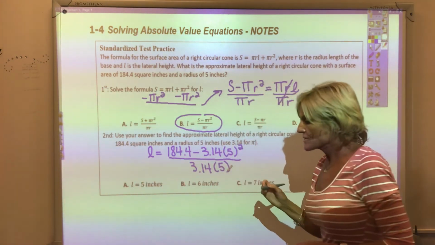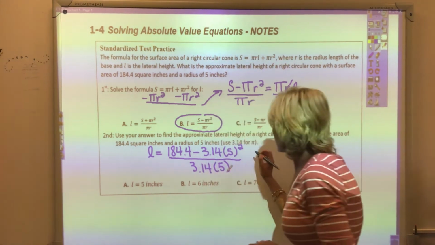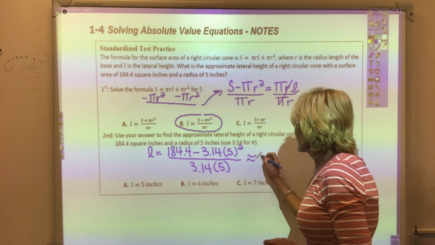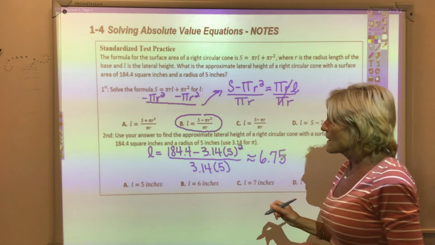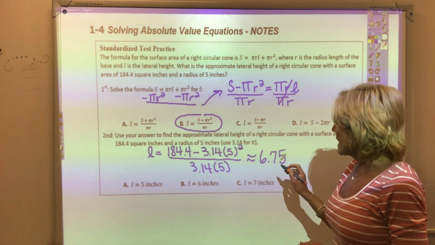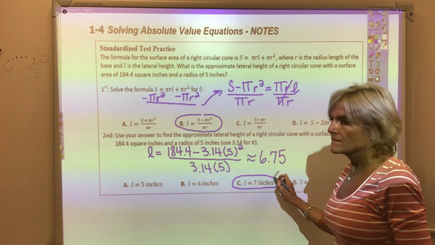If you punch that into the calculator, you get approximately 6.75. So our lateral height is 7 inches.